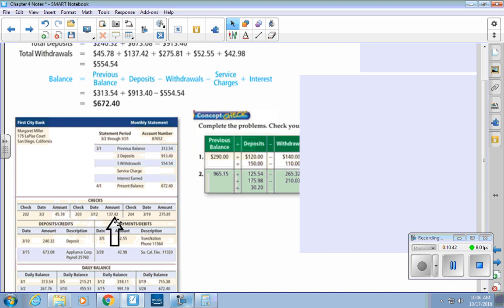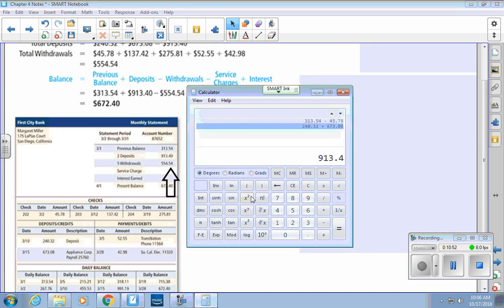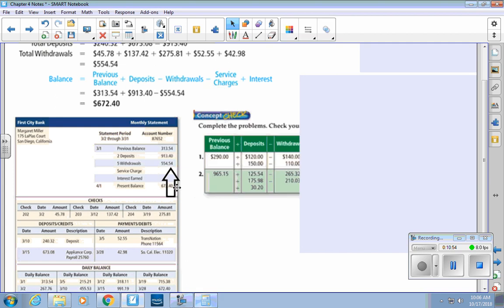Because she wrote these checks, so these 3 checks, plus her phone bill, plus her electric bill. Those total $554.54, and we're just going to double check those amounts.